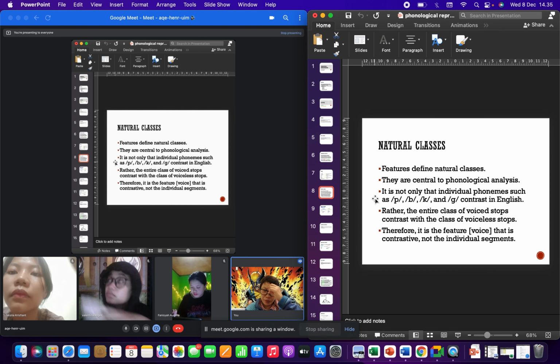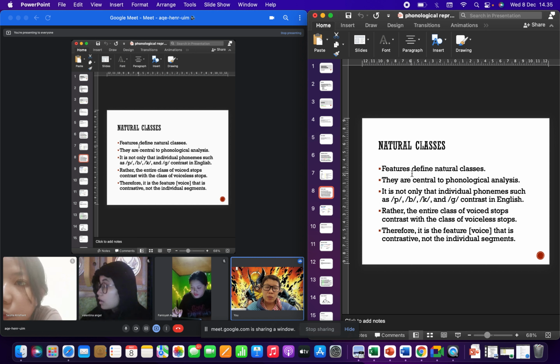The features also talk about natural classes. Here, our features divide the natural classes in order to produce the sounds. Natural classes are central to phonological analysis. Here we will see that sounds not only occur as individual phonemes, such as phoneme p, phoneme b, phoneme k, or phoneme g.